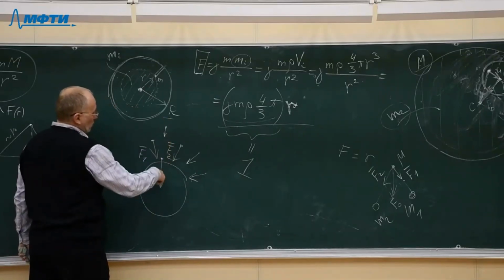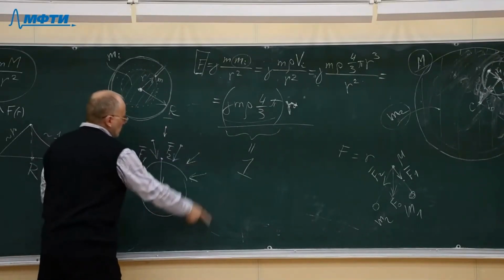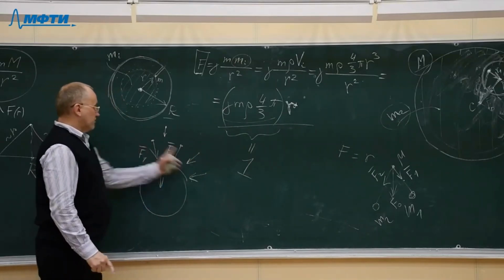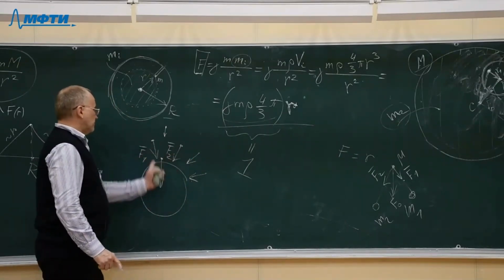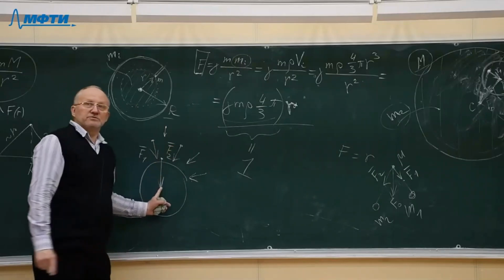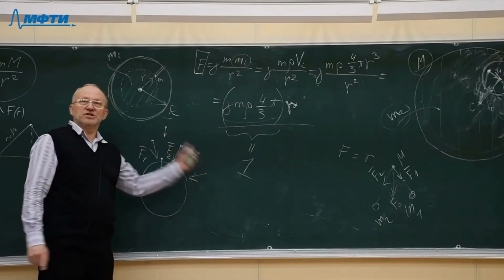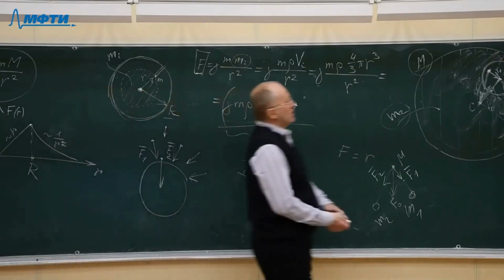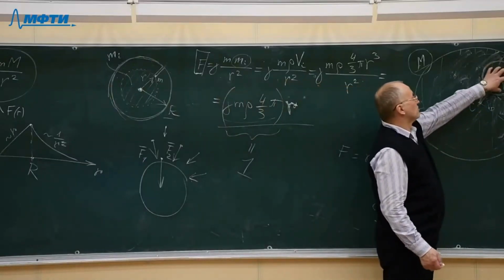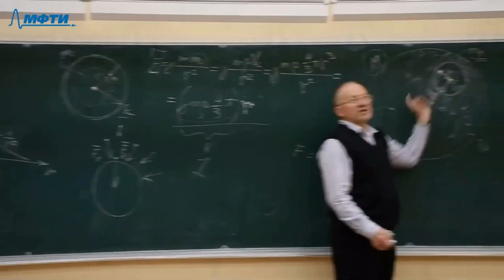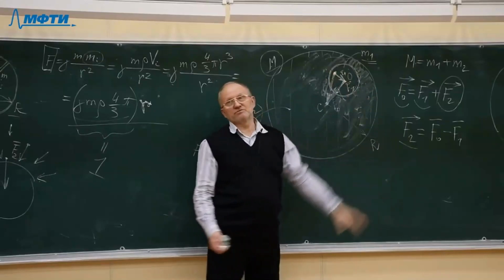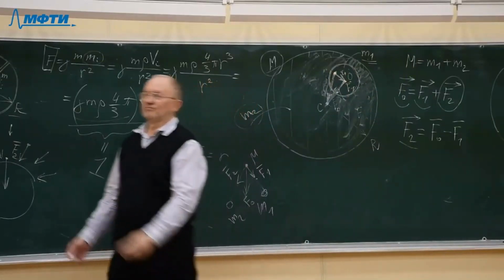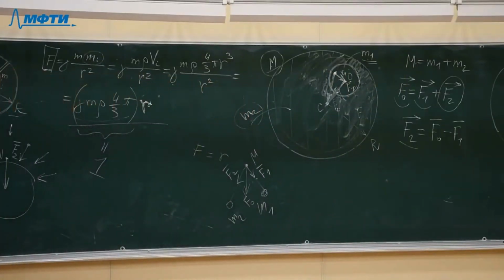So all the forces differ in the gravitational field of the planet, in direction and in magnitude. This is a non-uniform gravitational field. And here is a uniform gravitational field. Inside this spherical cavity, the gravitational field is uniform. That's it. The end of this problem.